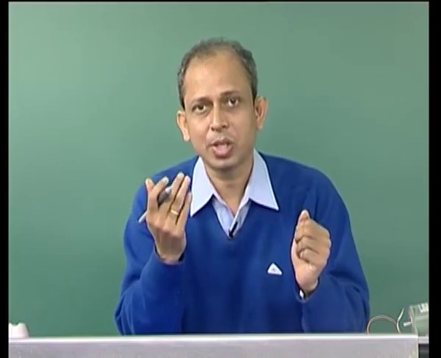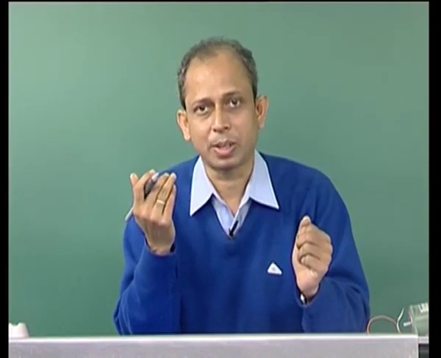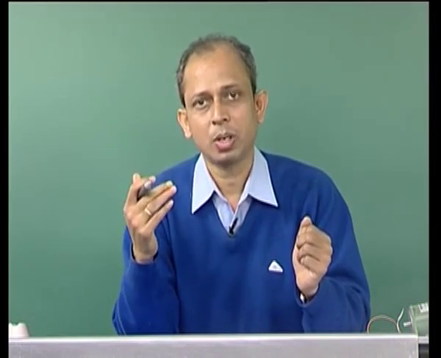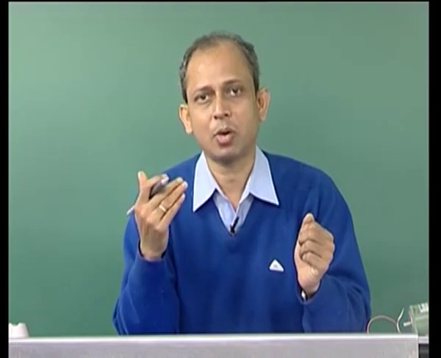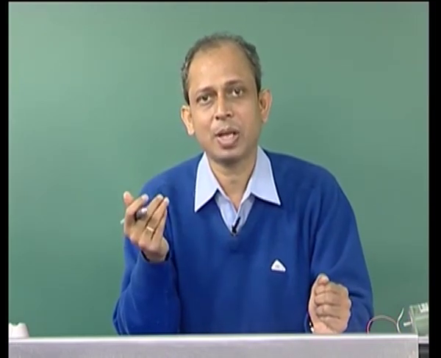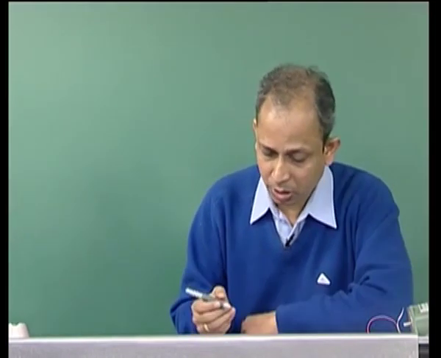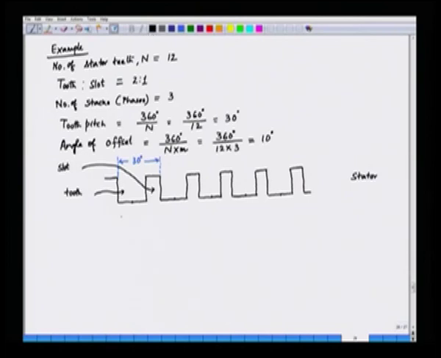So the rotor is facing the stator and has the same number of teeth, and we have 3 stacks here: phase A, phase B and phase C. We will draw one stack at a time. First we start with phase A, and let us say that phase A is aligned along phase A of the stator. So the rotor is fully aligned along the stator.